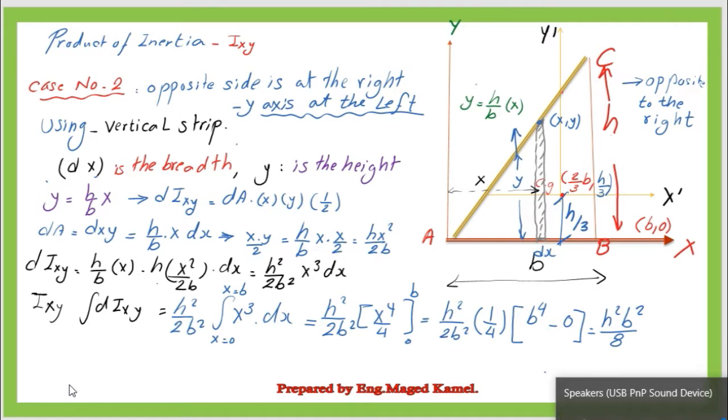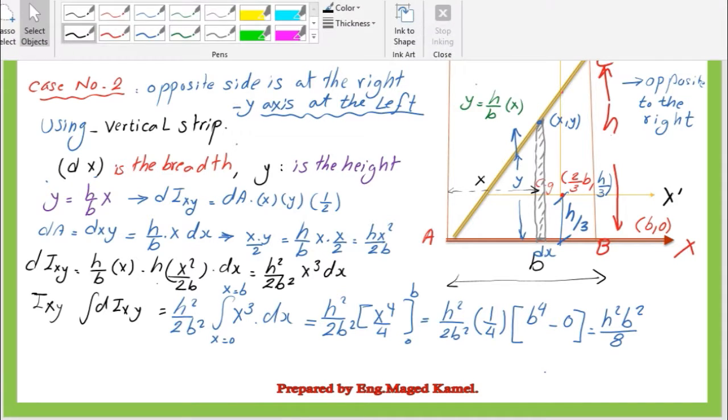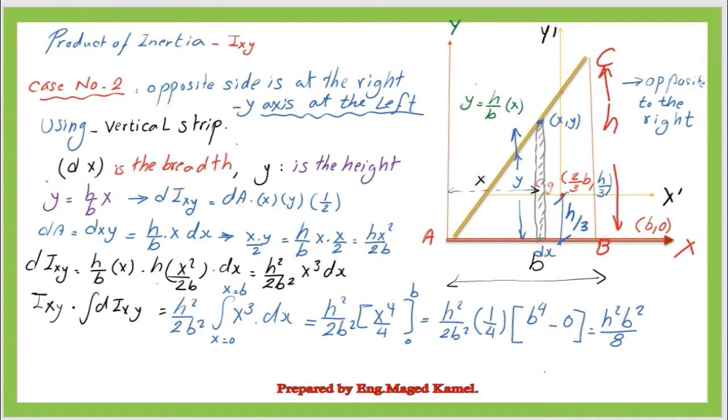Then Ixy would be the integration of dIxy, equal to h squared over 2b squared multiplied by the integration of x cubed dx from x equal to 0. Our strip will move from x equal to 0 to x equal to b, where b is the breadth.